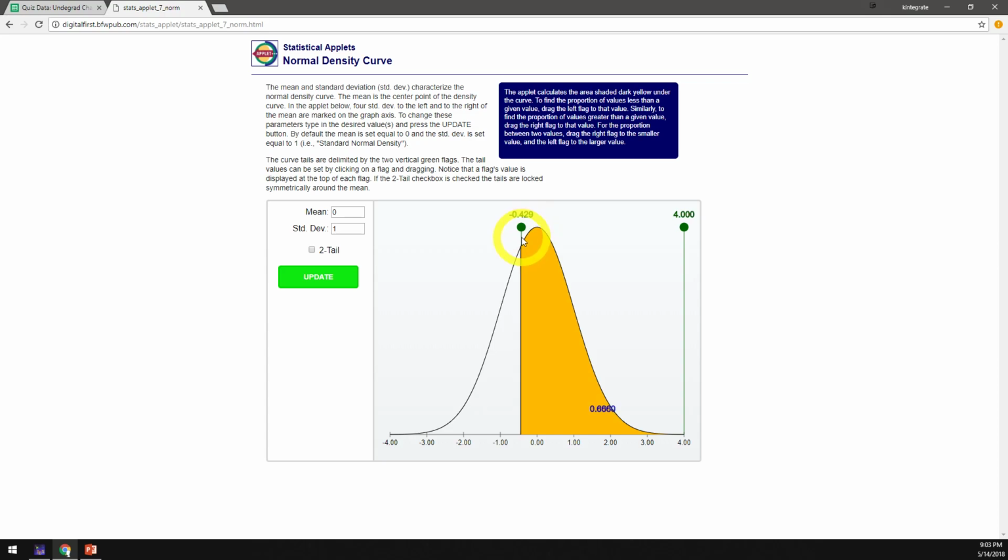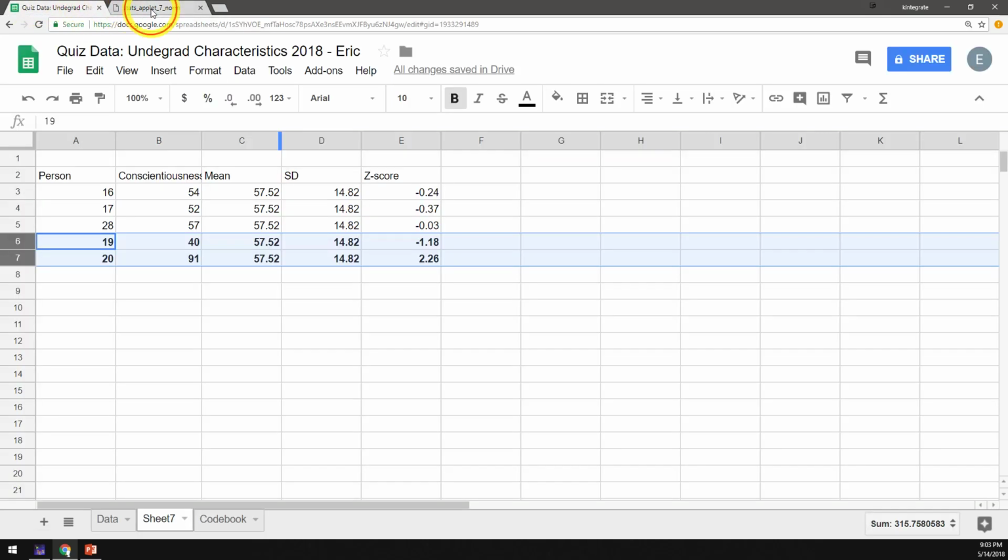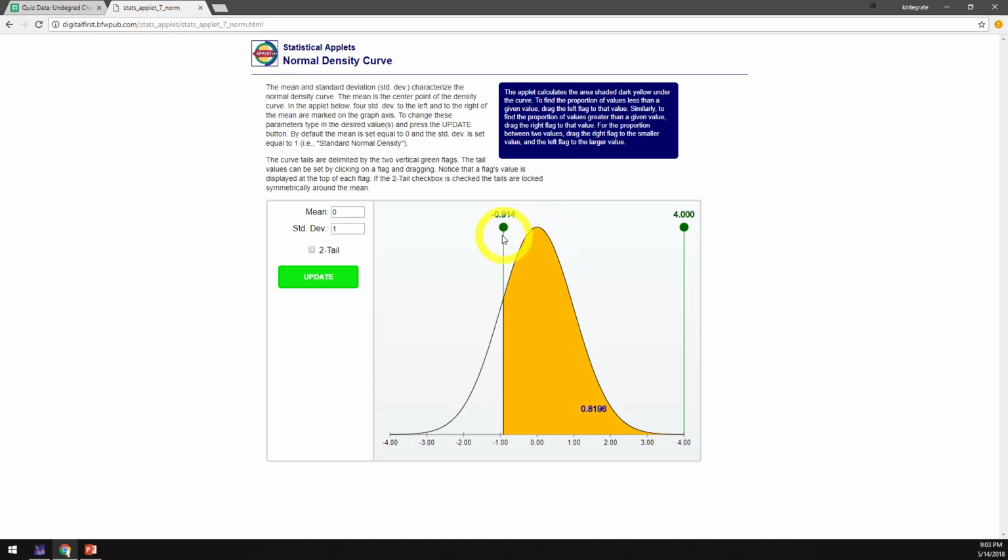So we move this to negative 1.18 and 2.26. There we go. And we can see that 0.87, or 87%, of individuals fall between these two scores.